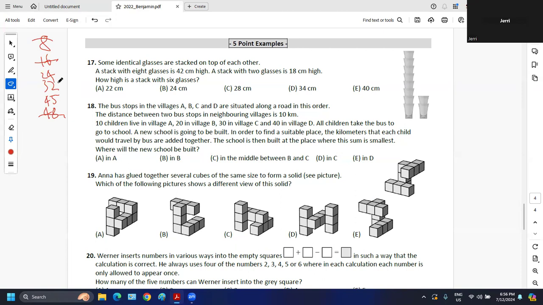Now 24. So if this was 24, then 42 minus 24 would be how much this base is. Just 18.